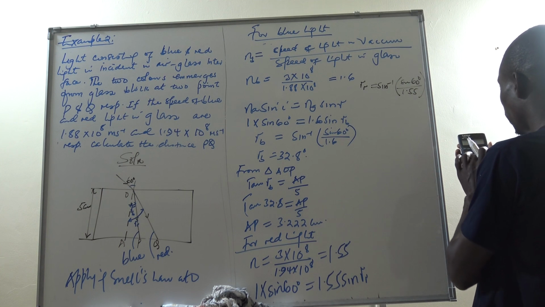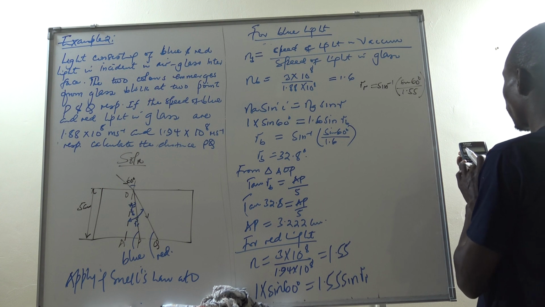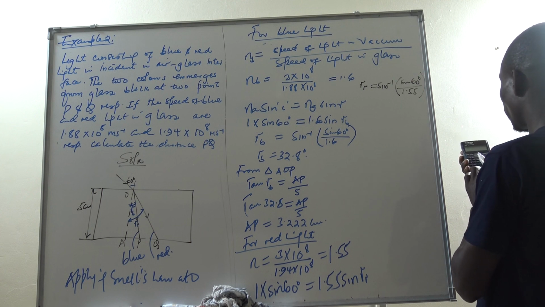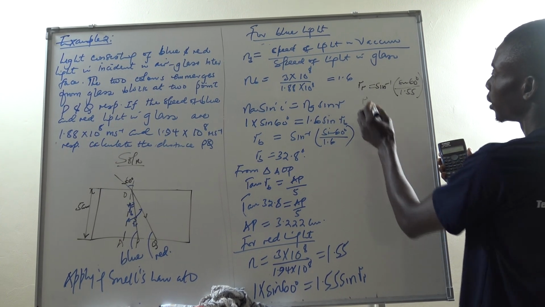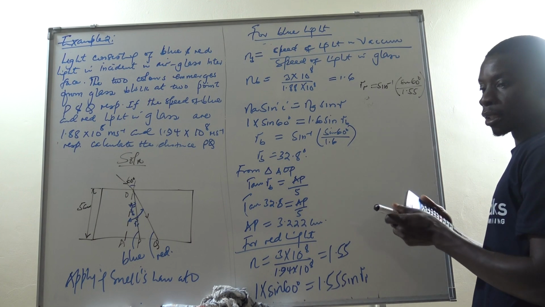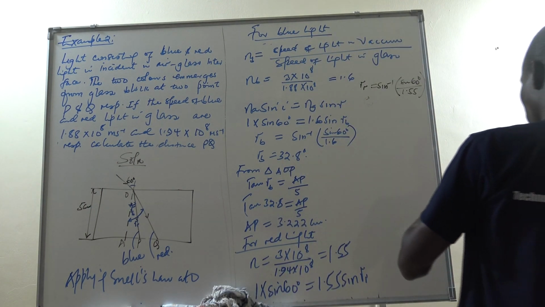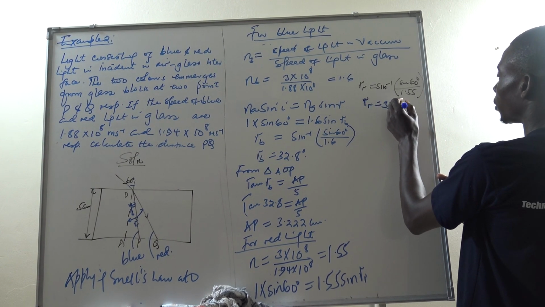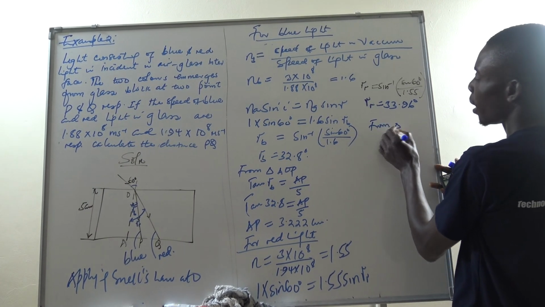What is happening here with the calculator? Let me see. Divide by 1.55, and then shift sine inverse of the answer. I'm getting 33.96 degrees, almost 34.